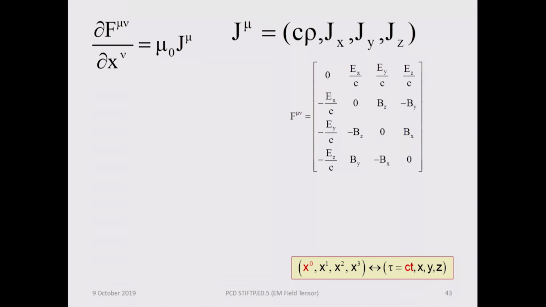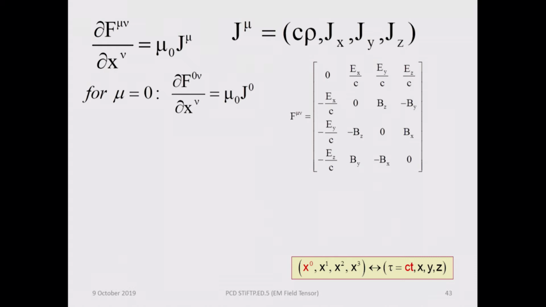So, let us write the electromagnetic field tensor, a tensor of rank 2, and the current density vector. This is the field equation which I mentioned, the derivative of the field with respect to the coordinates, the 4 space time components. Let us consider this for mu equal to 0. We are expecting 4 equations.